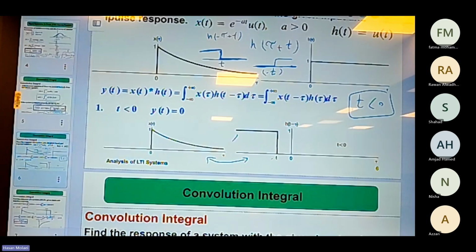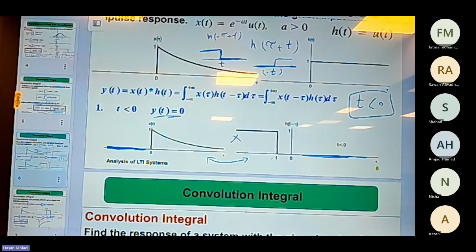If we multiply them together, what will happen? Zero. For tau smaller than 0, x(tau) is 0, and 0 multiplied by h(t minus tau) is 0. For tau bigger than 0, h is 0. So the answer would be 0.